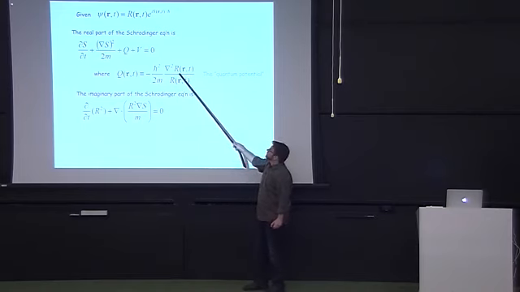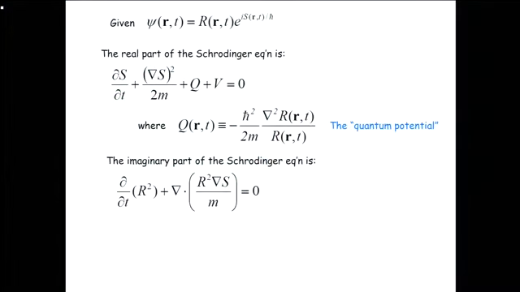Remember that R is the modulus of the wave function, and this doesn't depend on the magnitude of R, because if I multiplied R by some scalar, it would cancel in this equation. So the quantum potential depends on the form of the wave function, not on its intensity at a given point.